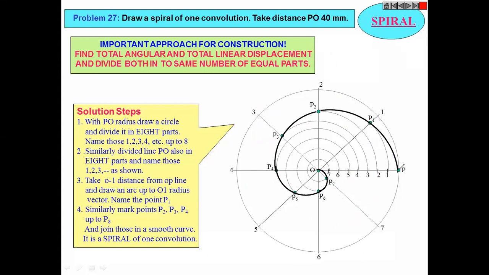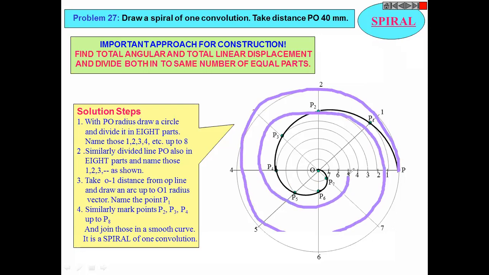If we are having 2, then it will be 720, means 2 into 360. This is 360. This is another 360. So in two convolutions, 720. Now you have to divide this linear line, and this circular part, both in equal number of parts. If you are dividing these in 8 parts, so you should divide 720 degrees also in 8 parts. Understood? Yes, sir. Okay.